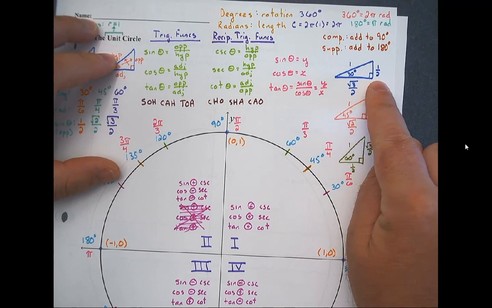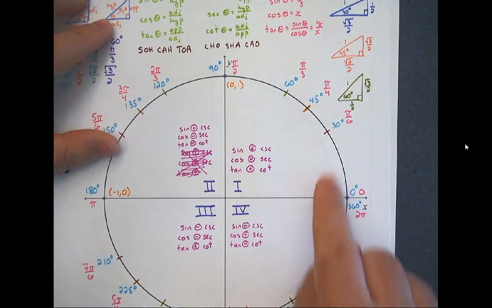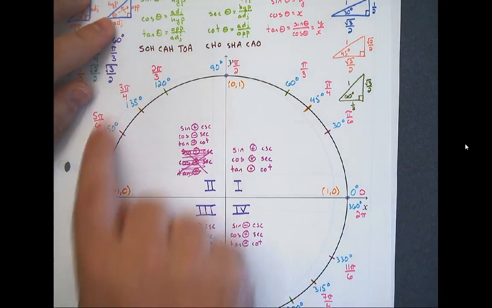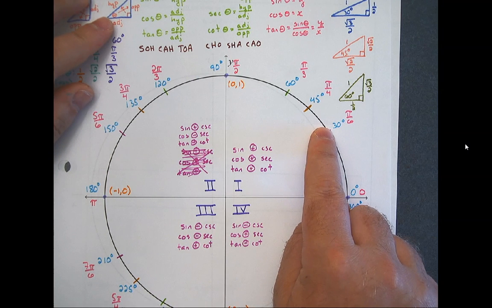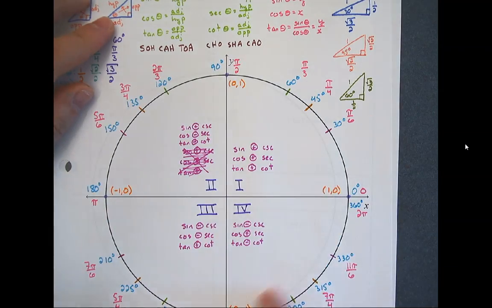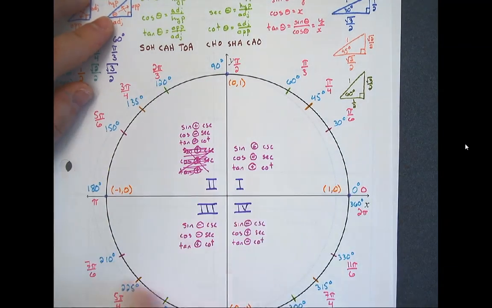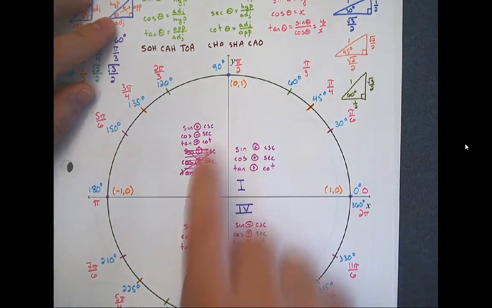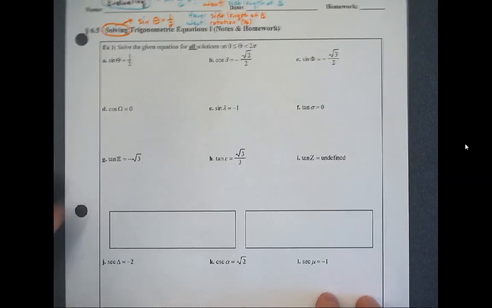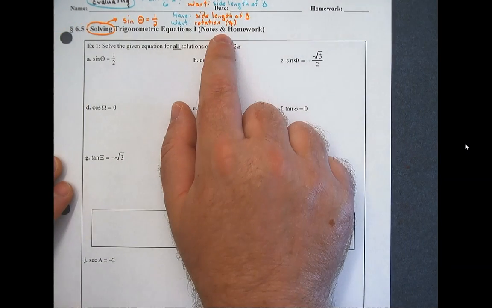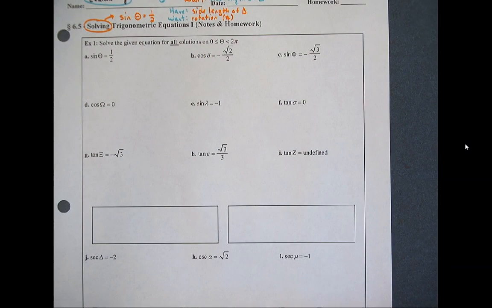The y value would have to be 1/2, so that would be a 30. Well, I could go here, or I could go another lap around to 360 plus 30, which is 390. Or I could add another 360, and that would be right, over and over again. So I'm going to have us narrow down just to the solutions that are in the unit circle, all the solutions that are between 0 and 2 pi.